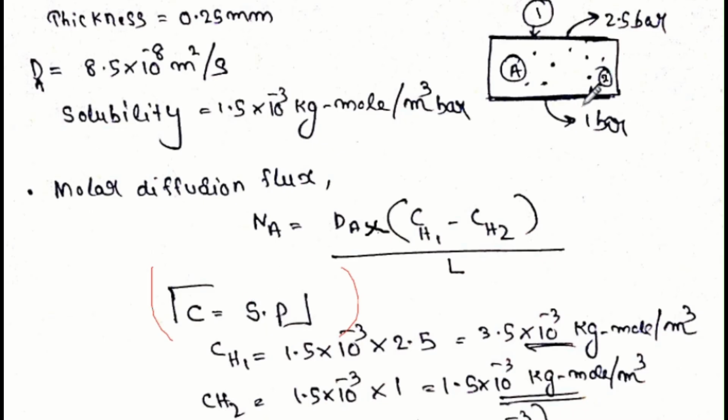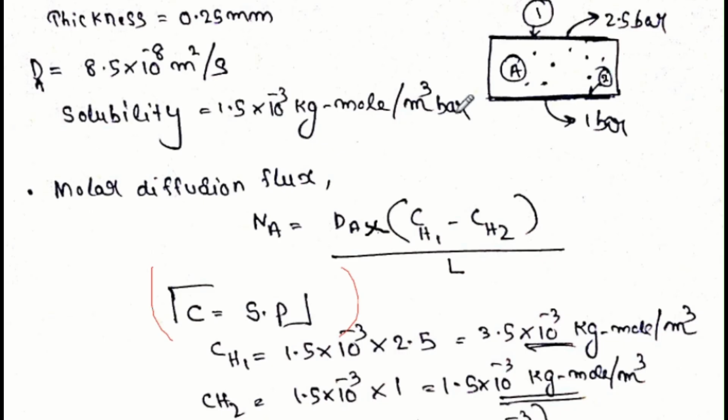So to find the concentration at the first region, all I have to do is multiply the solubility of hydrogen by the pressure at this point. The solubility of hydrogen is the same in both phases, so it's a constant value given in the question. The only change is the pressure. So for C_H1, the top part, I multiply by the pressure value there.